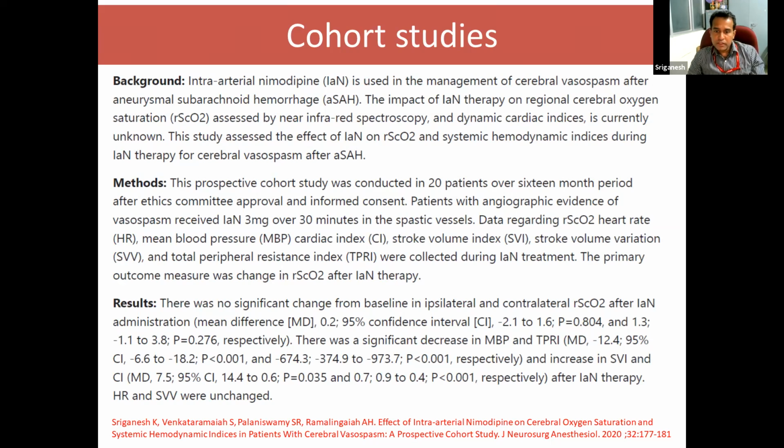Now, this particular study will help you in identifying whether the improvement in cerebral oxygenation is responsible for improvement in neurological status, and if there is a systemic problem which can negate the benefit of cerebral vasodilatation. In our clinical practice we often find that administration of intra-arterial nimodipine selectively into the intracranial vessels can also cause systemic hypotension.